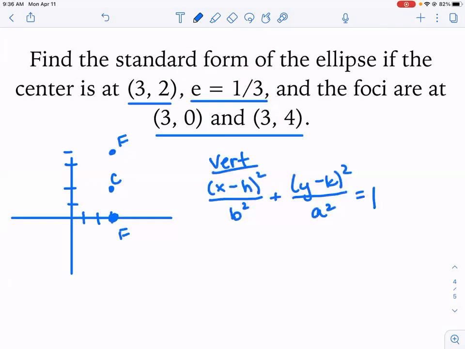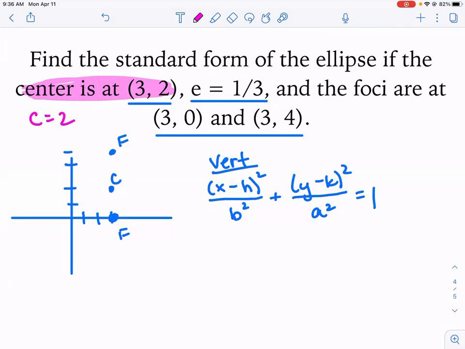Okay, well, we have our center. That's good news. Our center is at (3, 2). Our foci, what does that give us? C is what? C is 2.